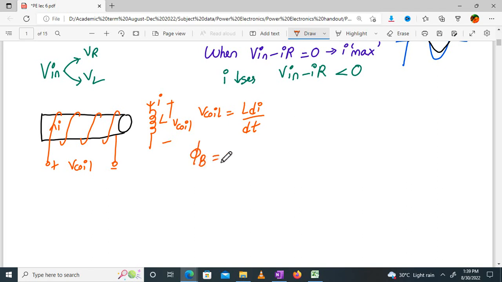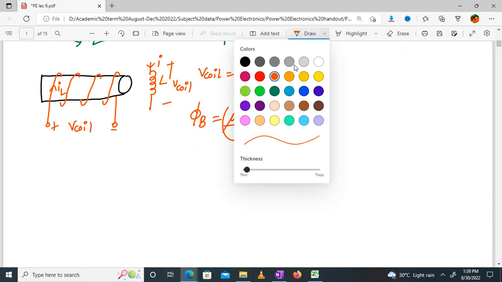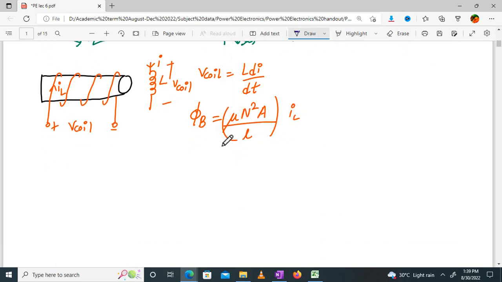Phi B is mu into N square, number of turns, into area, divided by L, length of the conductor, multiplied by current flowing through the inductor, IL. Now this constant we know as L. This is L actually.